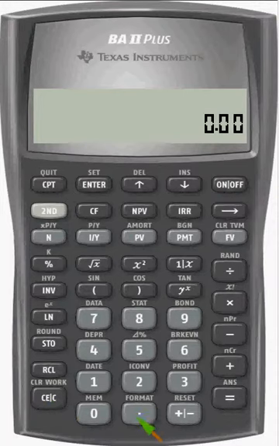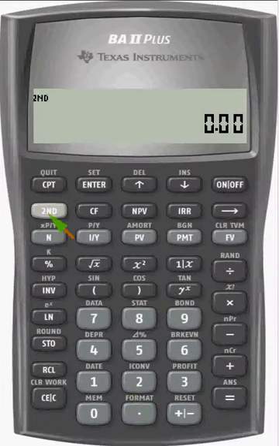Next I want to show you how to change the setting for how many decimal places are displayed. The default setting is only 2 decimal places. Some calculations may require more decimal places to be displayed. For example, in most calculations I may ask you to keep 4 decimal places. To change this, you need to change the format setting.